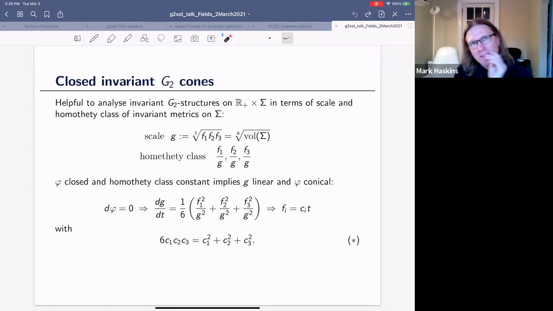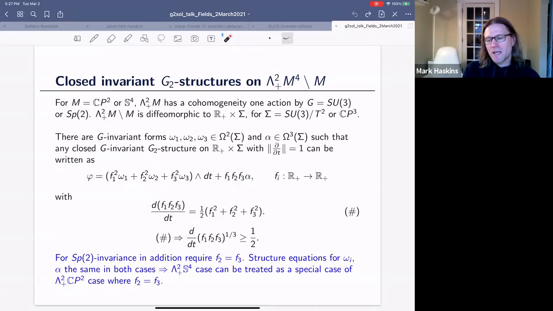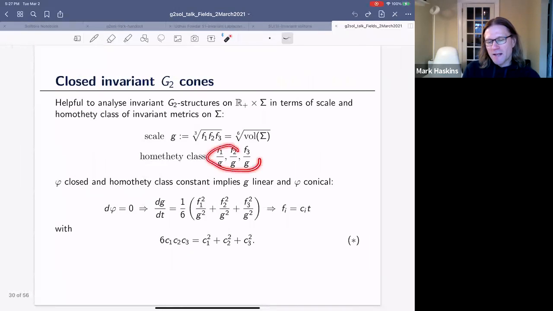So you could do the same kind of thing in this case, but you have to start with a closed G2 cone. Otherwise, it's not even permissible initial data for the closed Laplacian flow. So let's think about these invariant G2 structures, and let's think in terms of an overall scale and the homothety class of the inherited metric. So rather than just think of these coefficients F1, F2, F3, I want to think of them divided by the volume.